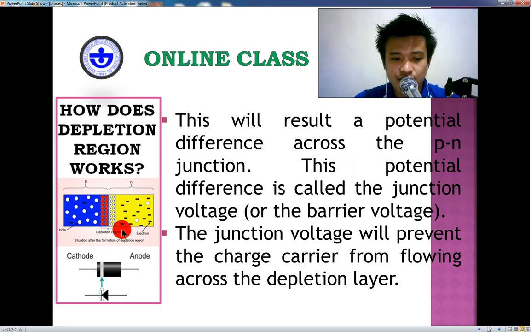Instead of negative, one side becomes positive, and the other side becomes negative instead of positive, so we call it a barrier voltage. The junction voltage will prevent the charge carriers from flowing across the depletion region, and that is the way this diode blocks the current flow in the reverse direction.